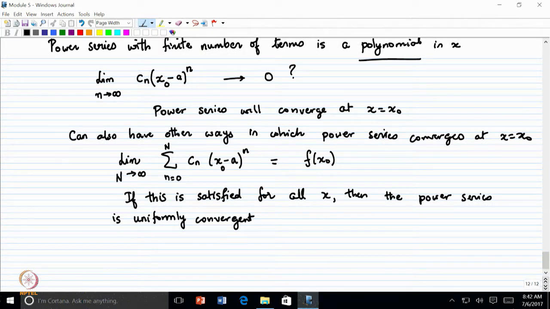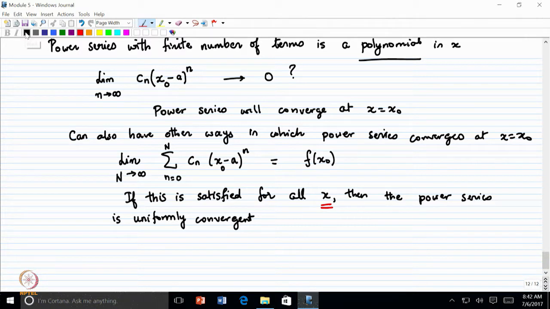So, now what we said is that if this is satisfied for all x, then the power series is said to be uniformly convergent. I have actually jumped ahead a little bit, because what you really want to ask is the following question.